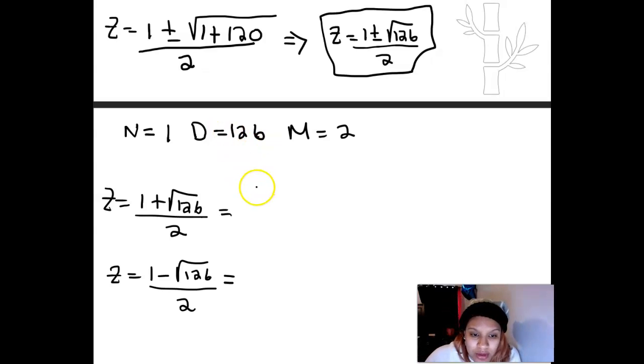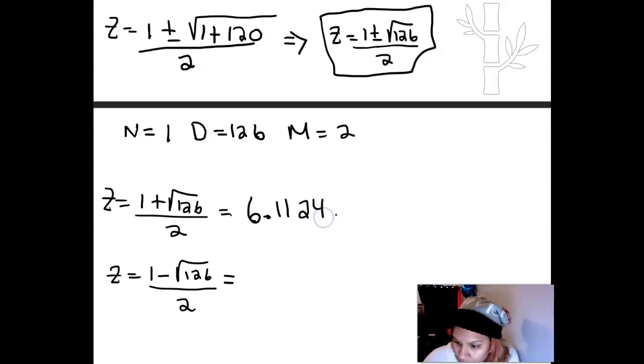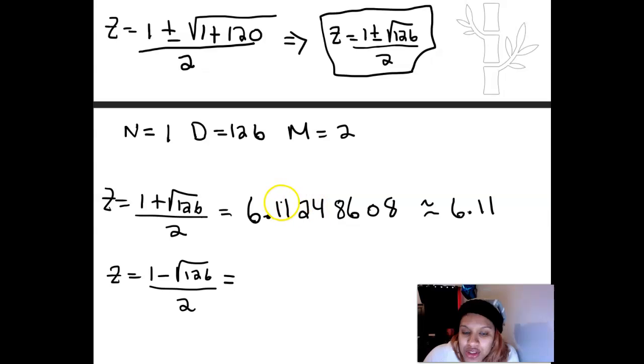And that's going to give me this really long decimal, 6.11248608. Sometimes examples like this will ask you to round to 2 decimals, which will be 6.11, because the 2 does not change the second one, so we'll stay at 6.11.